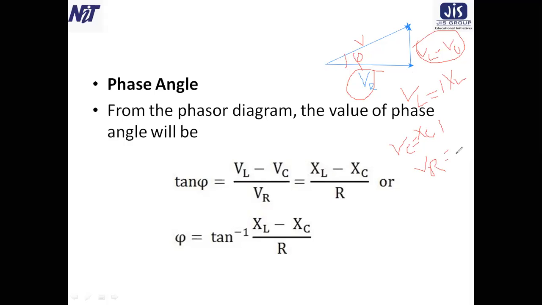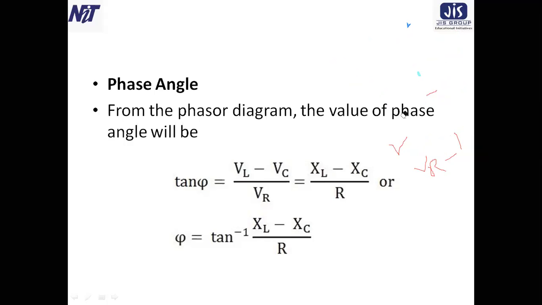VR equals I into R. So after putting all these three values, tan phi equals IXL minus IXC by IR. So we find that phi equals tan inverse of XL minus XC by R. So in this way, we can find the phase angle also.